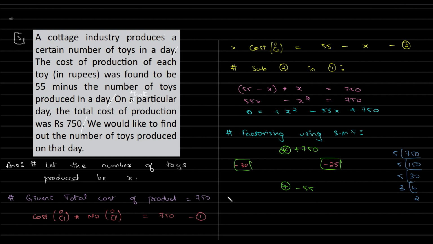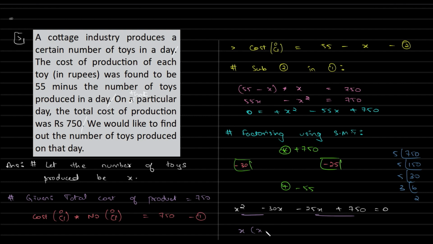5 was quite simple. If you have complicated numbers, then you have to think. So basically, my splitting the term will look like x squared minus 30x minus 25x plus 750 being equated to 0. Now take common.